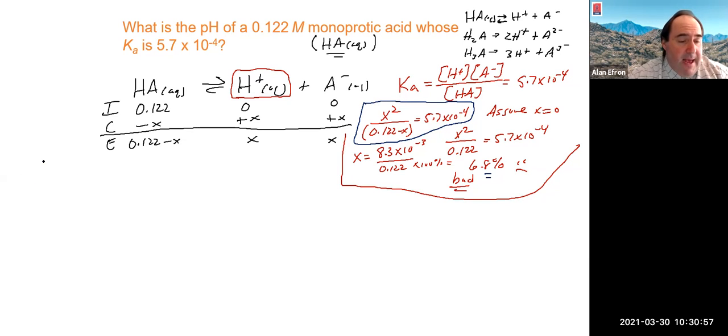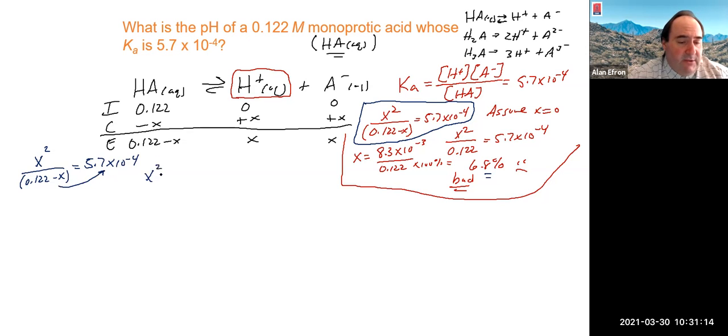So that would kind of back us up to x squared over 0.122 minus x equals 5.7 times 10 to the minus 4. We're going to multiply everybody on the bottom to the other side.